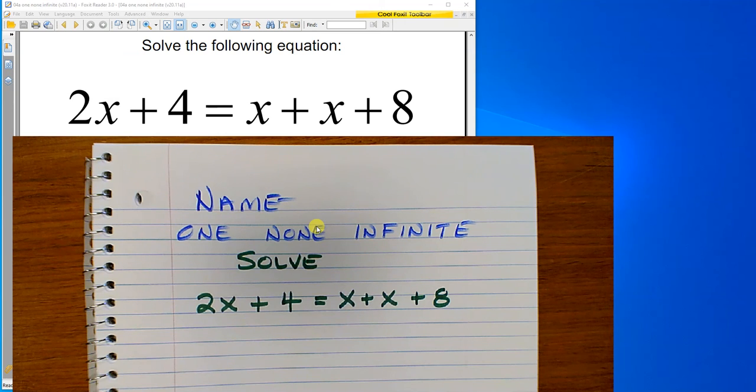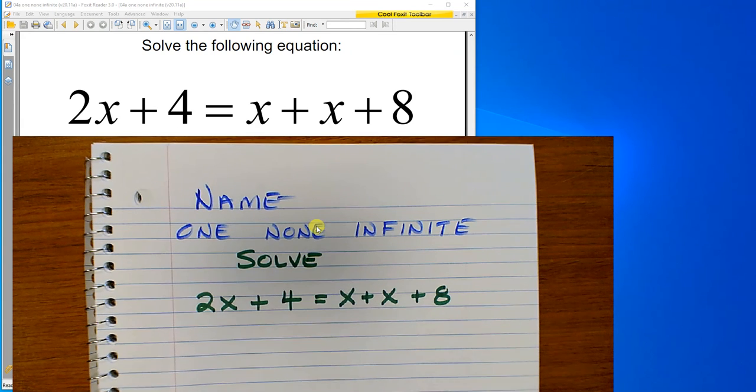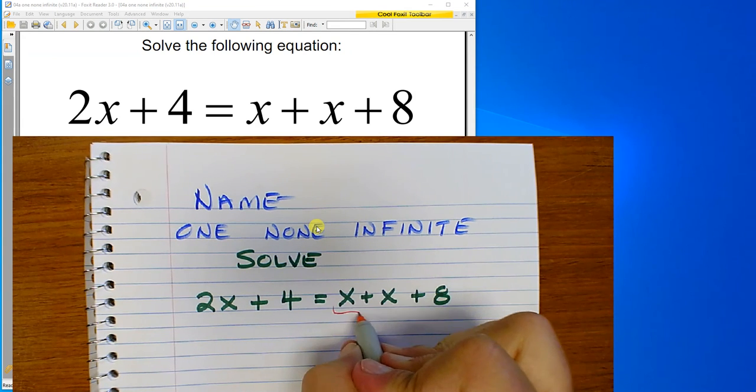If you look back at the previous notes, I gave you a flow map, and we started with distribution. Well, there's no distribution to do here. Then we could do some combining of like terms. So let's combine these two terms.